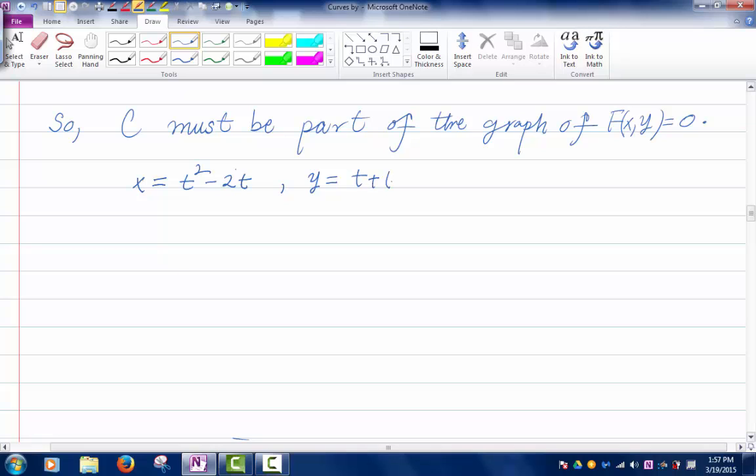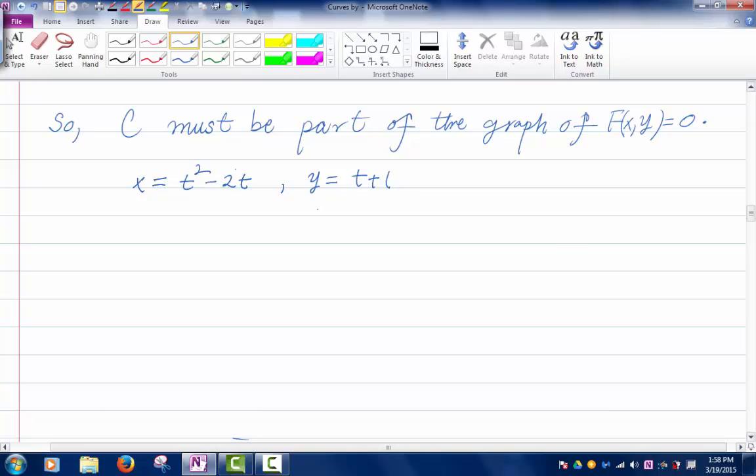I want to somehow get rid of t and find an equation involving x and y. How may I do it? How can you come up with an equation involving x and y only? Very good.